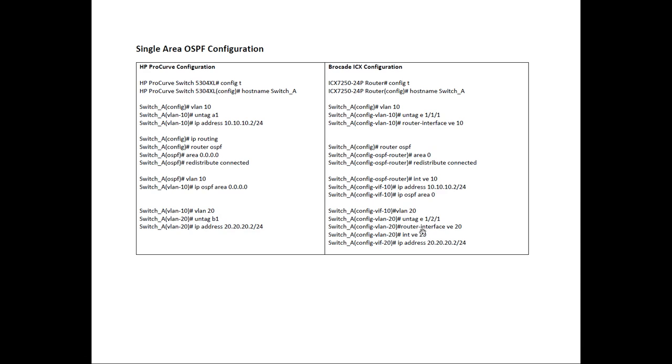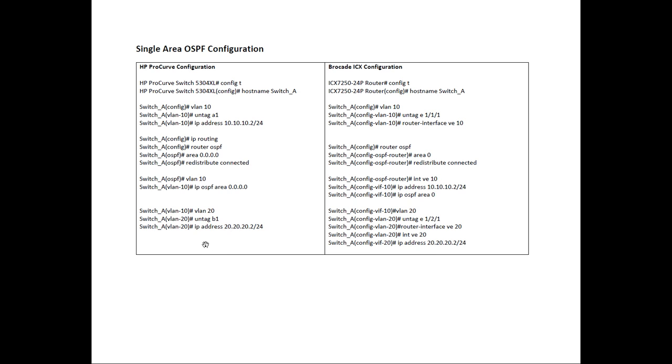Because we did a redistribute connected, this is a connected interface, so even though it's not running OSPF, it's going to get advertised into OSPF because of that redistribute connected. But as you can see, other than the VEs and where we assign the IP address and the OSPF, it is again pretty much the exact same configuration.